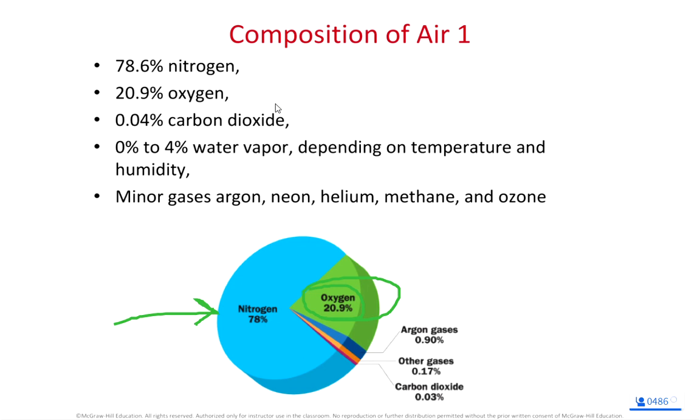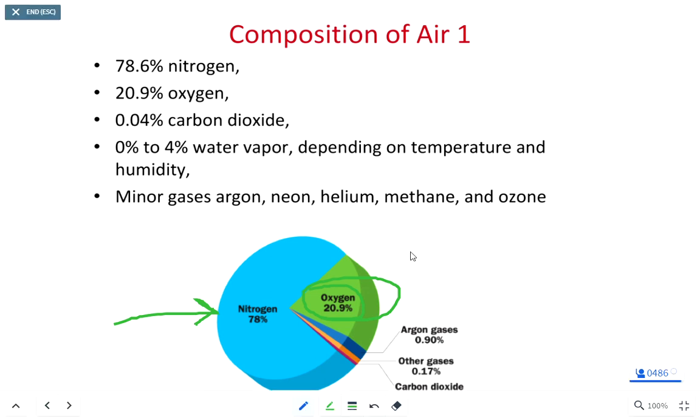Now, if our air pressure, let's say, is 1 atmosphere, and most of the air is nitrogen, that means we'll have almost 1 atmosphere worth of nitrogen pressurizing the air. And then the next biggest component is oxygen. The atmospheric pressure of oxygen is going to be less than nitrogen, because there's less oxygen than nitrogen in the atmosphere, but it's going to be greater than carbon dioxide and greater than those minor noble gases.